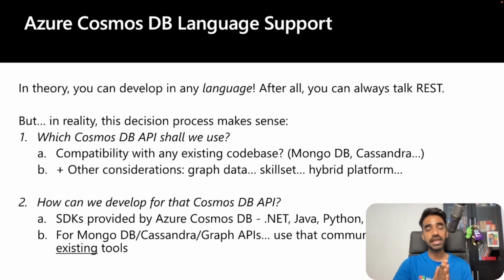And if you are choosing any of the other OSS APIs such as Cassandra, Mongo API or Gremlin, you can think of the existing tools and libraries that let you talk to Cosmos DB. One of the reasons is that we let developers use the existing open source capabilities such as tools and libraries which are already available, so that we don't reinvent the wheel, which I will be covering in a bit.